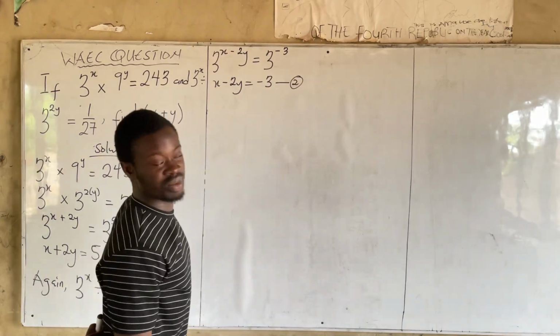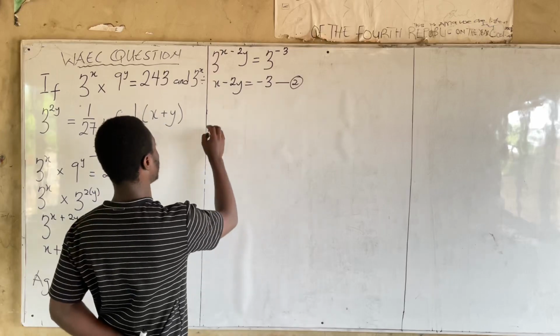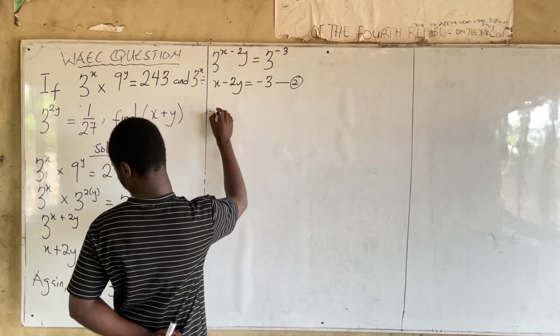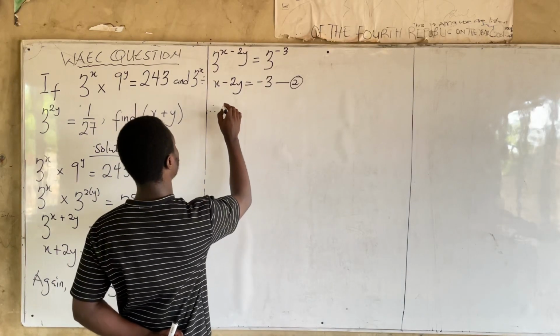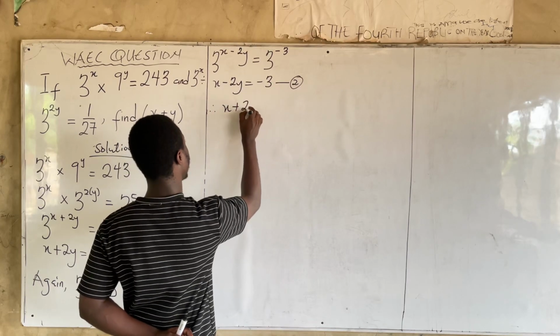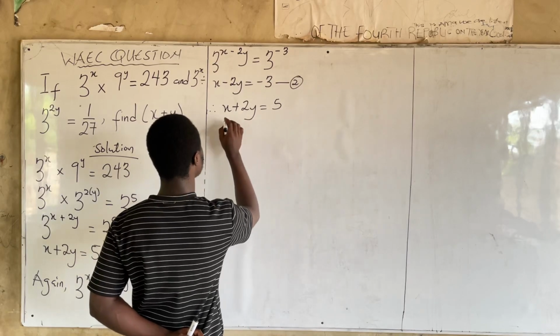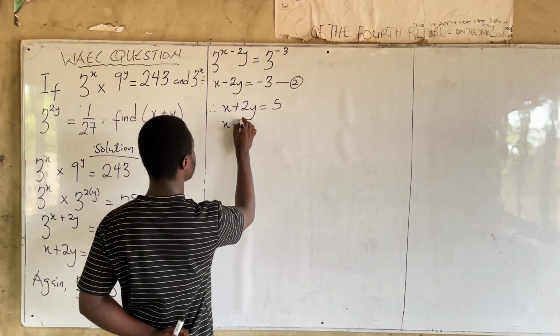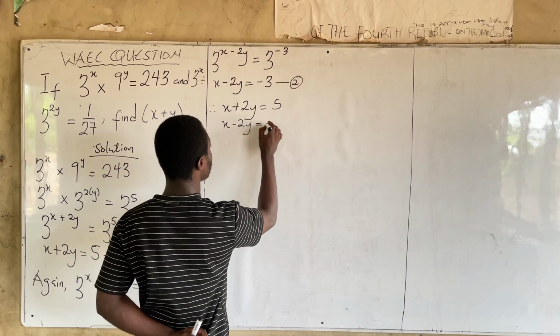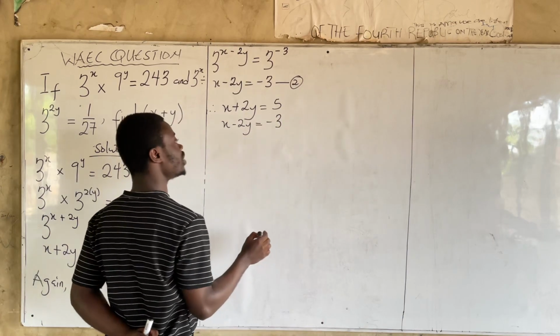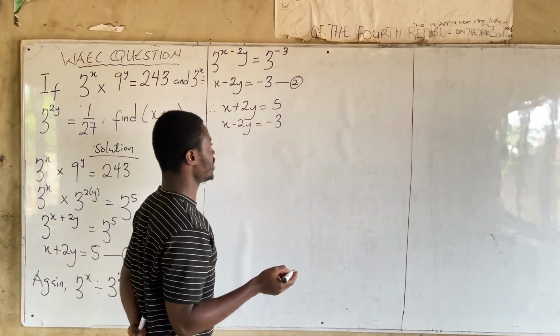Now let's solve it simultaneously. We have equation 1, which is x plus 2y equal to 5, and equation 2, x minus 2y equals minus 3. There are a lot of ways to solve this.